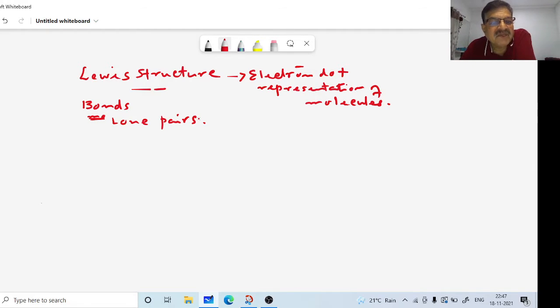So what does a valid Lewis structure mean? In a valid Lewis structure, each hydrogen atom will have 2 electrons, and each element in the second row of the periodic table will have not more than 8 electrons.